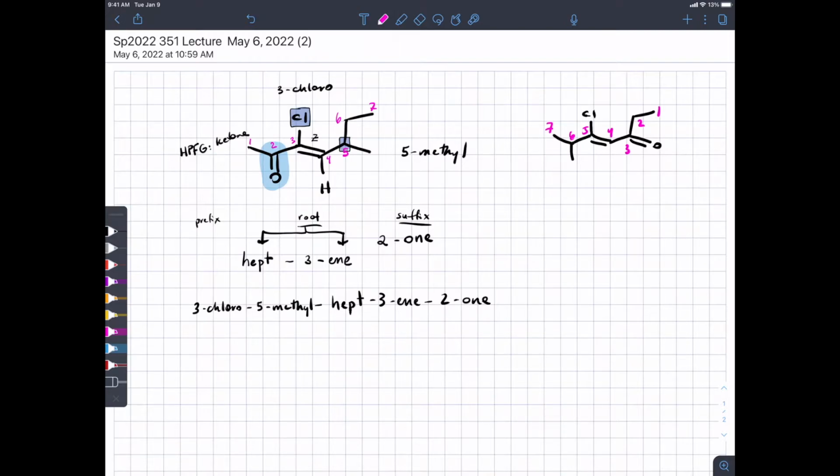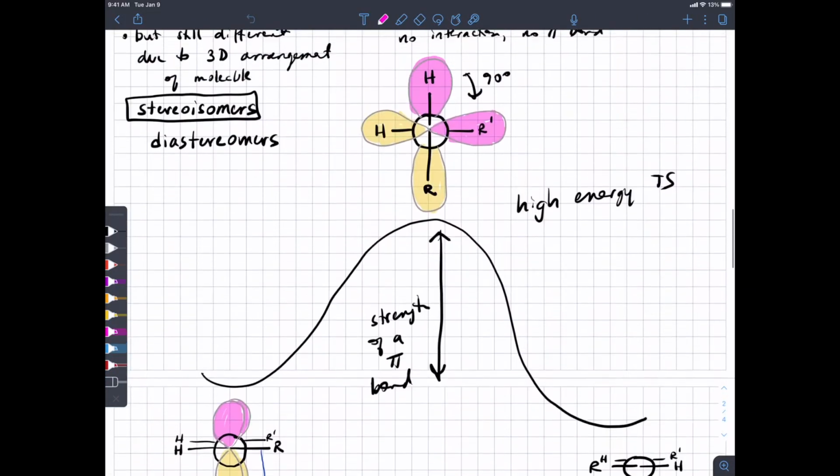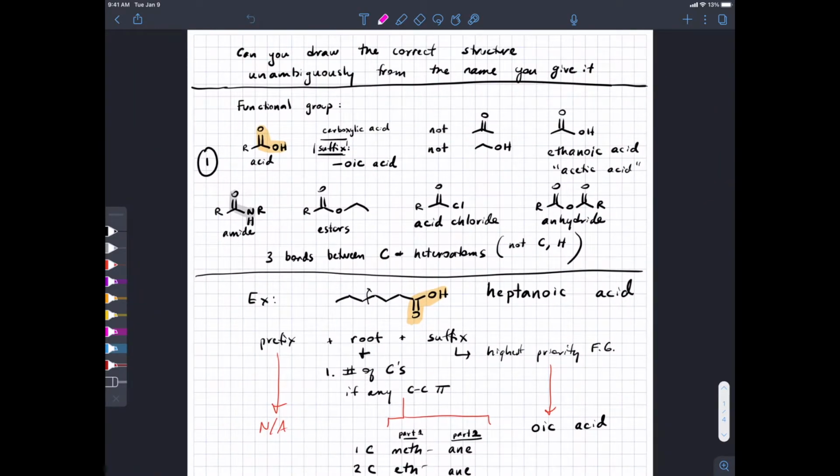Yes? Which functional groups would you like us to know for the test? Let's see. We started talking about them and then got into naming. I want you to know what they're all called. The ones up here in group 1, where you have 3 bonds to a heteroatom, you won't need to know their prefixes because they're always the highest priority functional group if they're there.